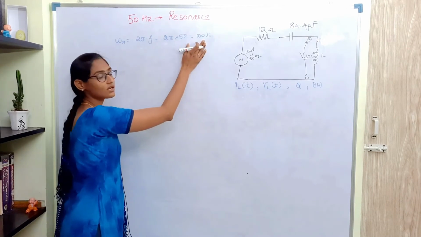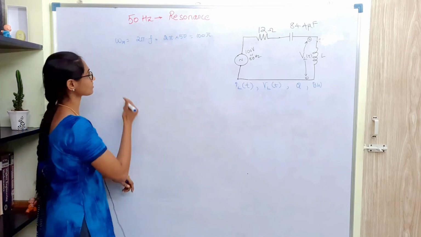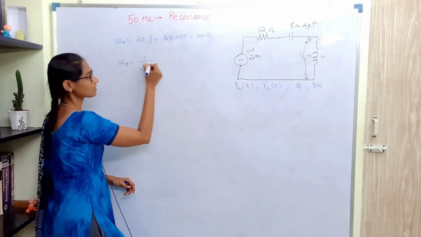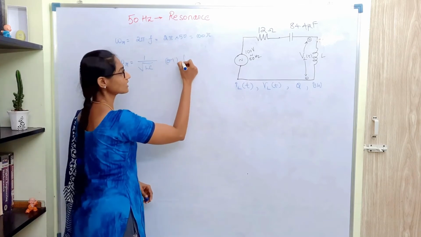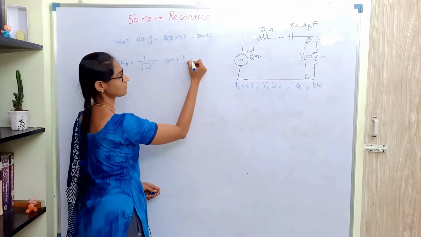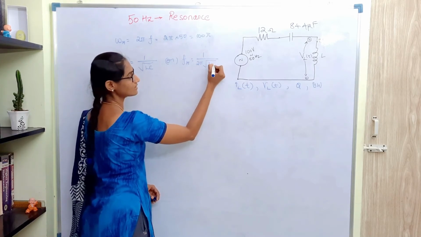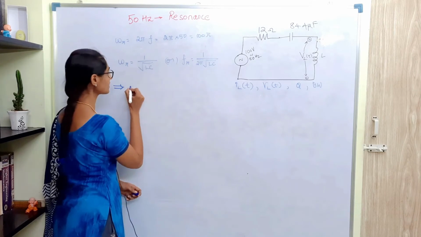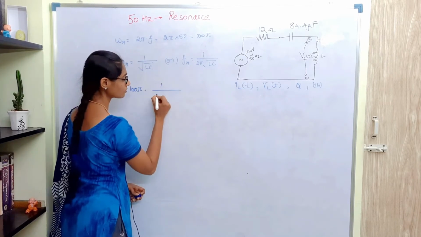This is 1 by root of LC, or we can say that the linear resonant frequency will be 1 by 2 pi root of LC. Either way we can see. So 100 pi is 1 divided by root of LC.